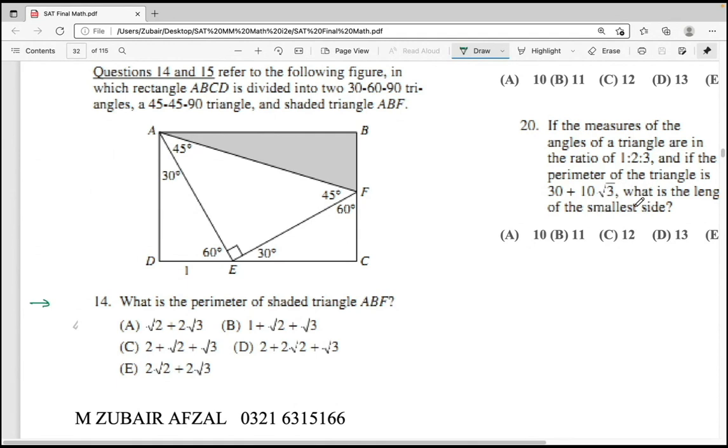So is it 2 square root 2 plus 2 square root 3? That's correct. If you remember this triangle 30, 60, 90, and the other one, 1, 1, square root 2 with 45 degrees.